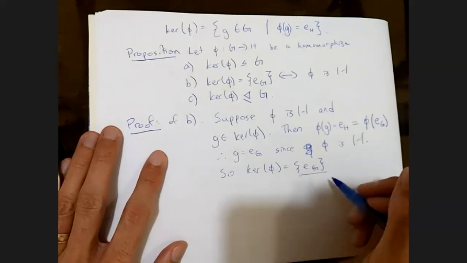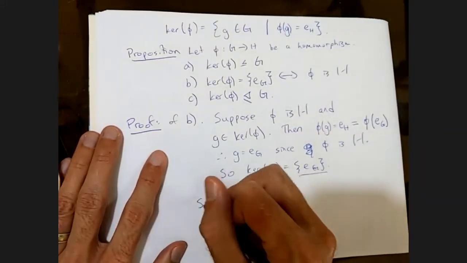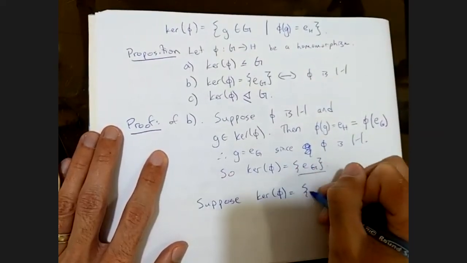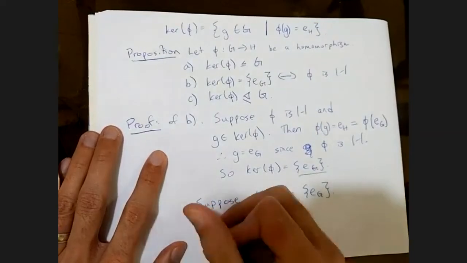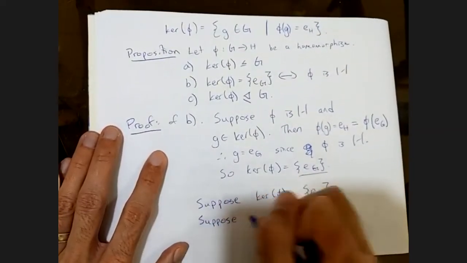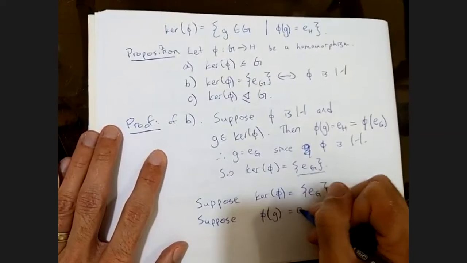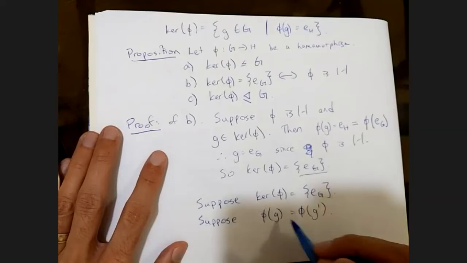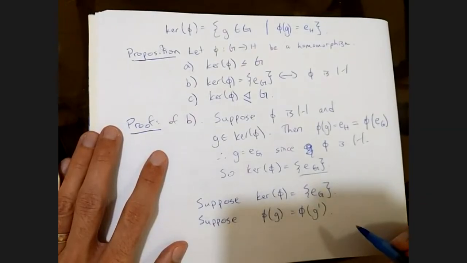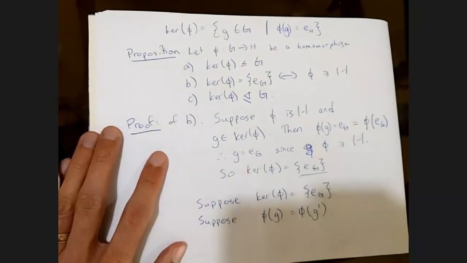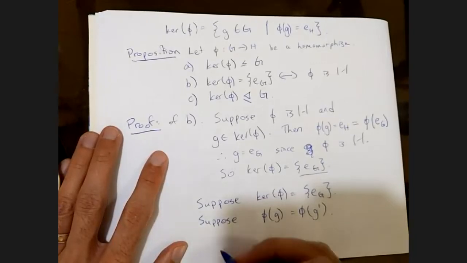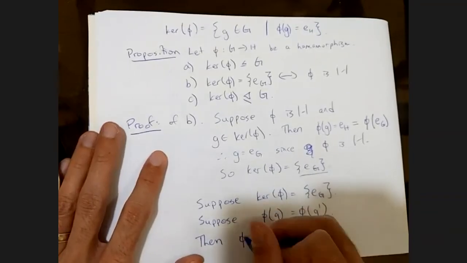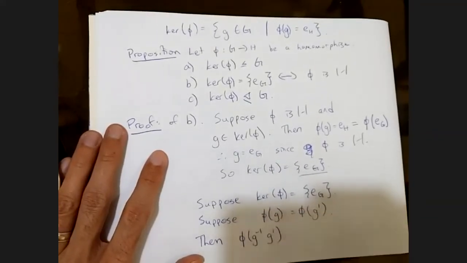Okay, let's suppose that the kernel is a trivial subgroup. Let's also suppose phi of g equals phi of g prime, and we have to show that g equals g prime. Then consider phi of g inverse g prime.